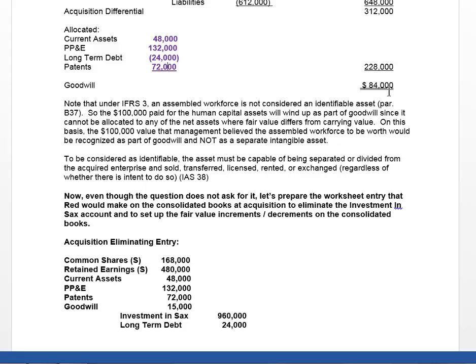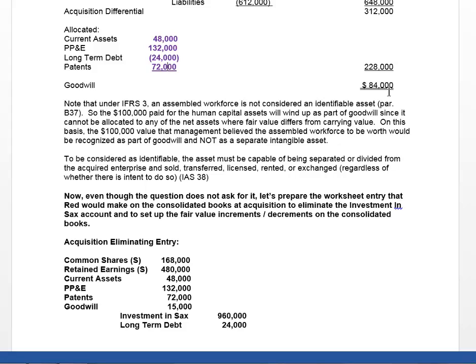Well, don't forget, Red's got their own assets set up at carrying value, and the liabilities at carrying value. So too does Saks. So if you look at the question, Saks has set up their assets and liabilities at what they believe to be their carrying value. Just because Red's seen an additional value, Saks says, well, you've seen it, that's great, you paid for it, fine.